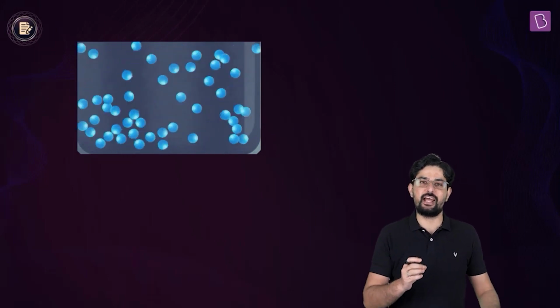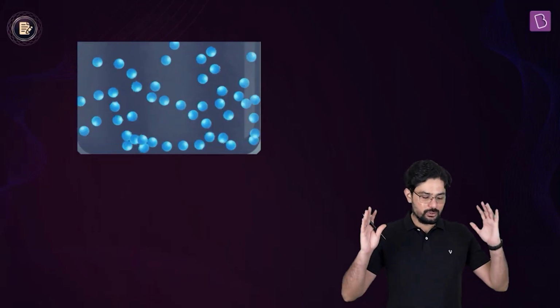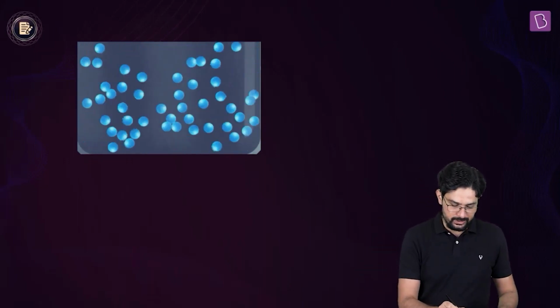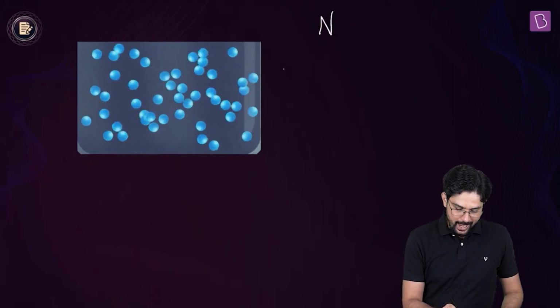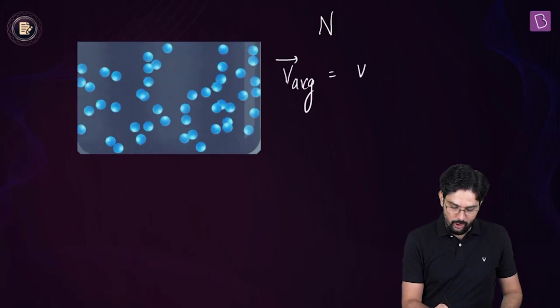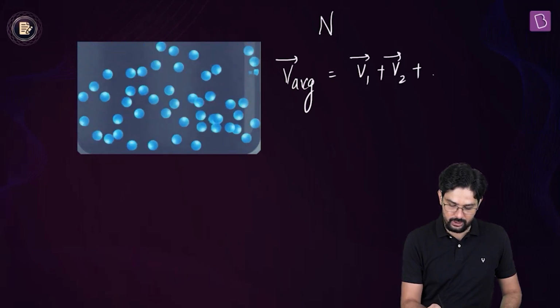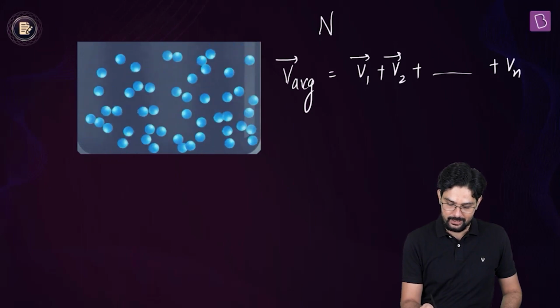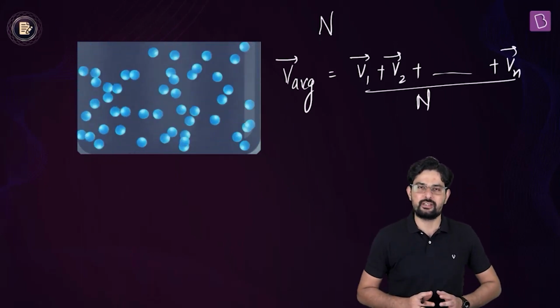Average velocity will have speed as well as direction. Now if you assume that there are n number of molecules inside this container, then the average velocity is simply going to be the summation of the velocities of all the molecules, so V1 plus V2 and so on till Vn, divided by n. You know this, right?